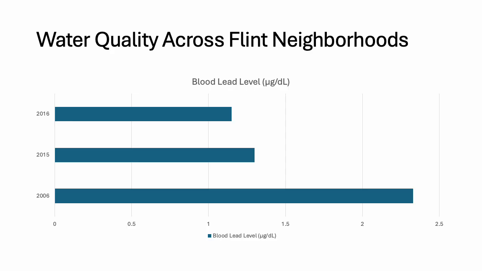Actually, it is one of the reasons why the government switched their water system from the Michigan water system to their own Flint River system, because of the high blood lead level among the residents at that time.